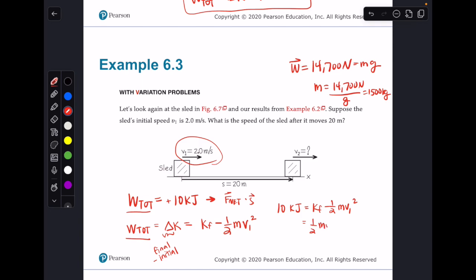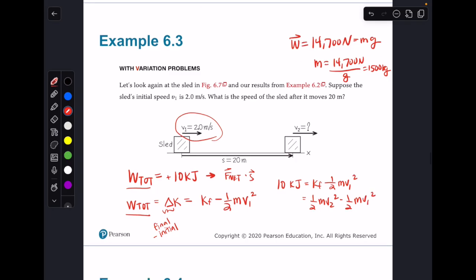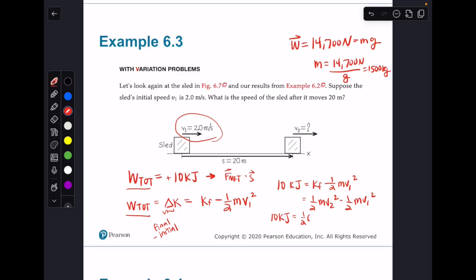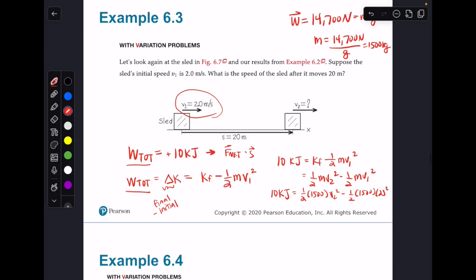That's 1/2 m V2 squared. We can plug in our values, and then solve for V2.